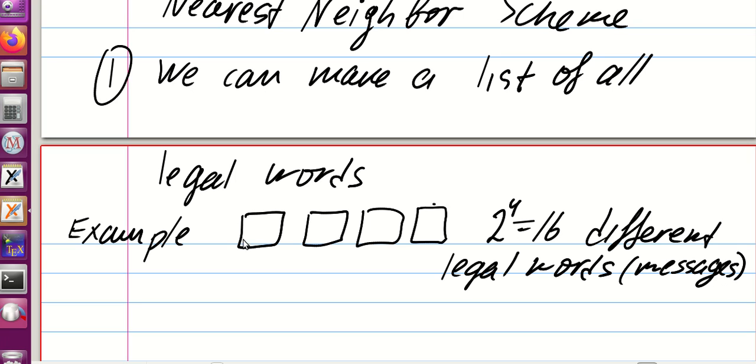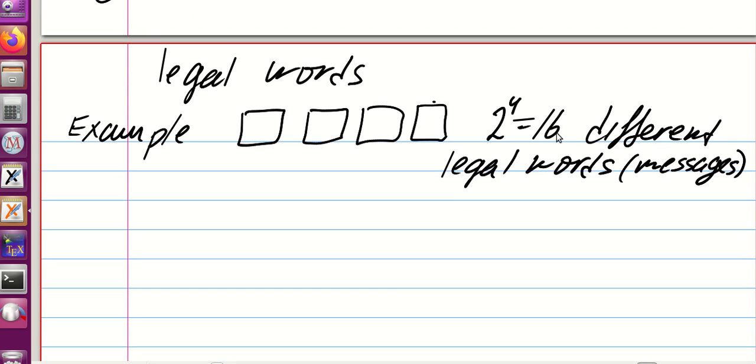We have a choice of 0 or 1 for each place, so there are exactly 2 choices for each one. We multiply 2 by 2 by 2 by 2, which is 2 to the 4, or 16 different legal words. When we have legal words, we have a scheme for how to create code words.